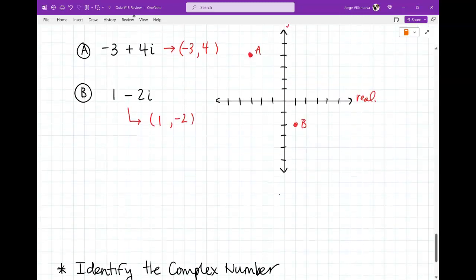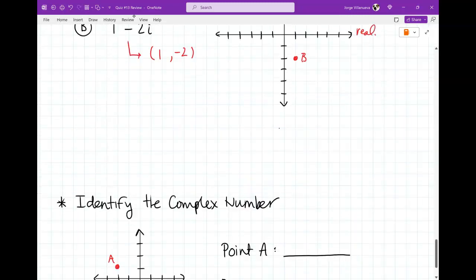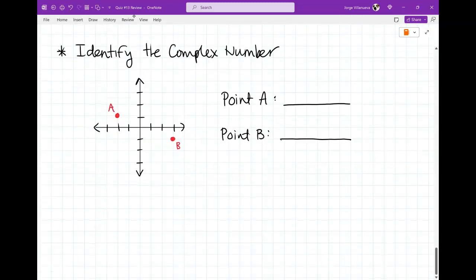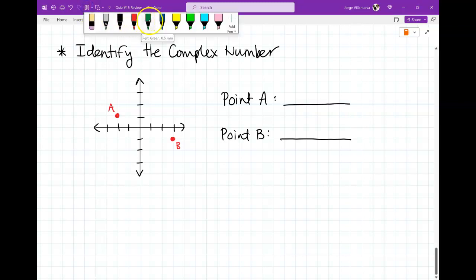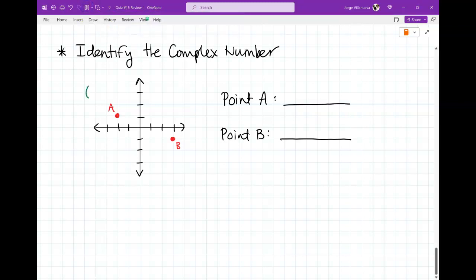All right, so last ones look like this. Here you're supposed to write them as a complex number from the point. So what I would recommend for you, for point A, write down the point. What is the point for point A?